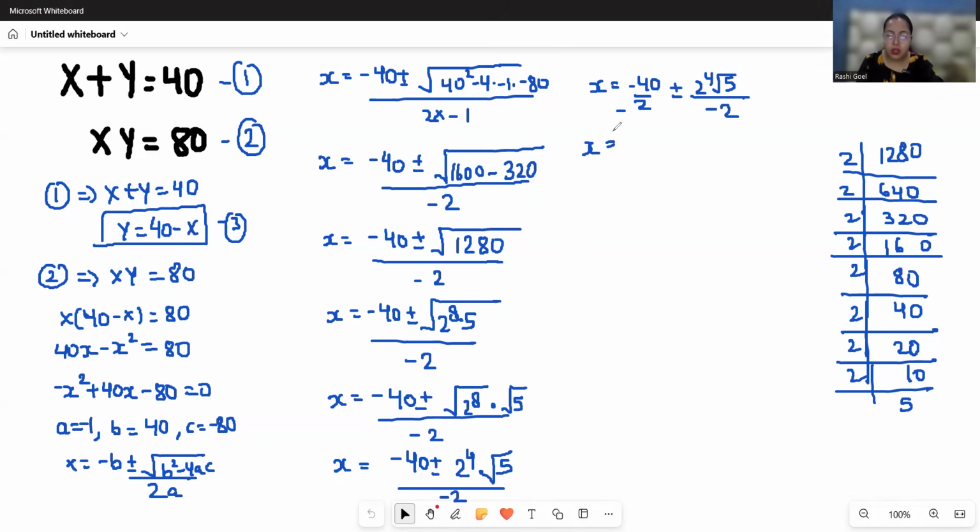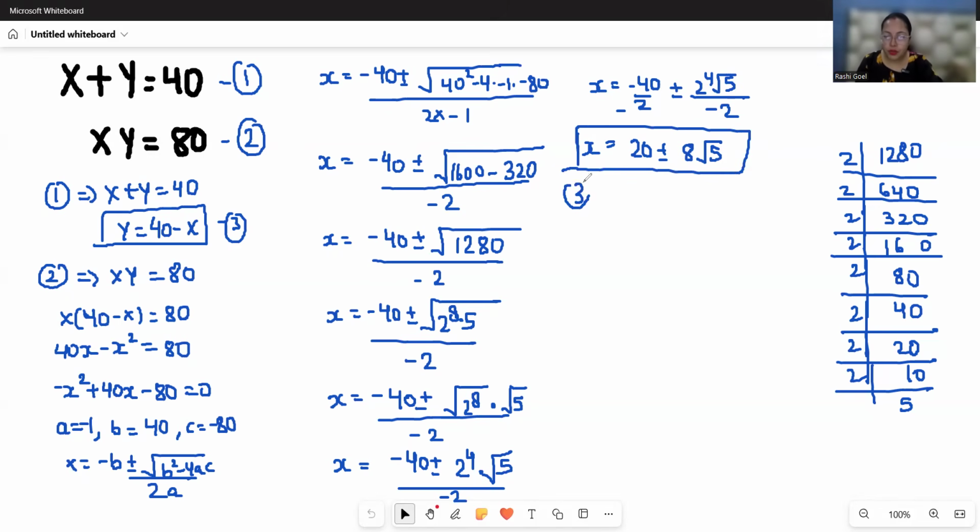The negative will cancel out from numerator and denominator and gives 20 plus minus, 2 power 4 is 16, but in the denominator it's negative 2 also, so it becomes 2 power 3. So that is 8 root 5. So this is the value of x.